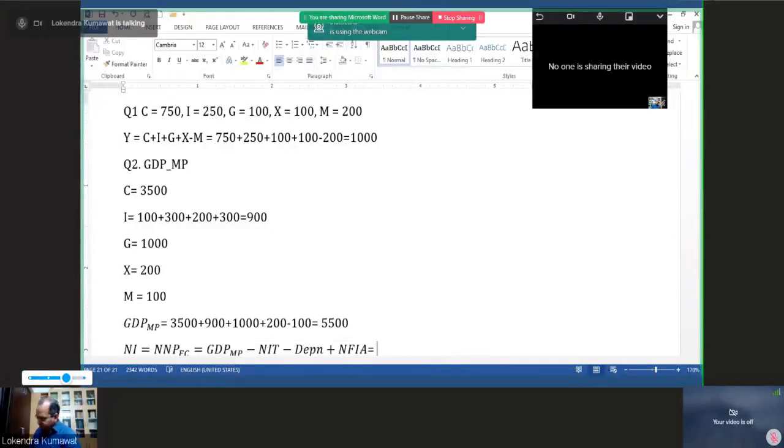So it will be equal to GDP at market price, which is 5,500. Then net indirect taxes: it says indirect taxes are 100 and subsidies are not given. The subsidies are not given here, so that means we need to assume them to be equal to 0. So net indirect taxes is 100.